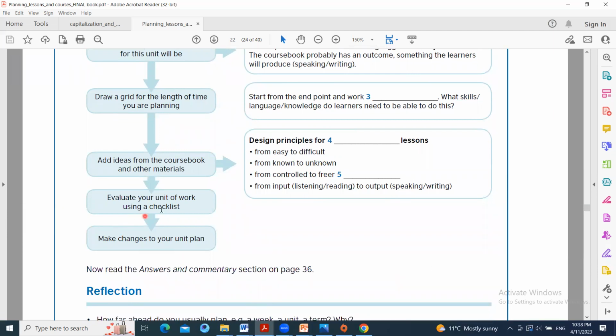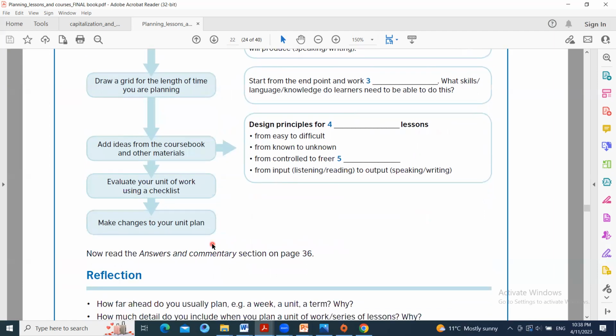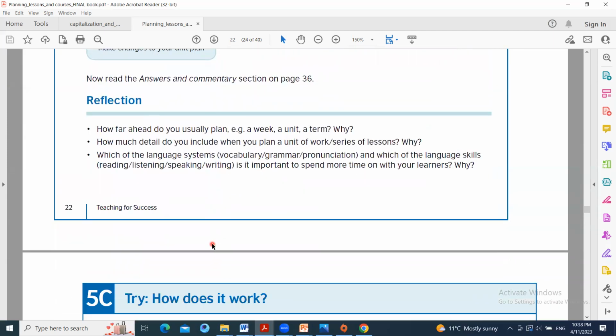Then evaluate your unit of work using a checklist and make changes to your unit plan. The reflections: how far ahead do you usually plan?